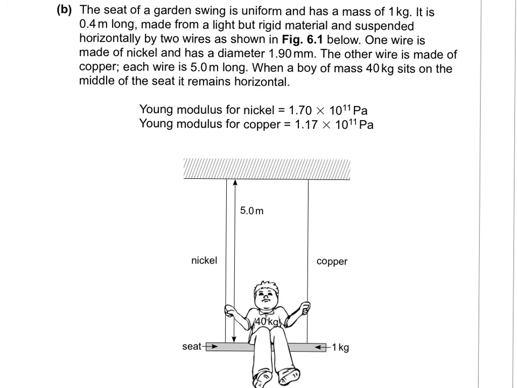Now he's in the middle, so the tensions on these two cables are going to be the same. Both cables stretch and both start out the same length, so the strains are going to be equal. The change in length over the original length for both of these is going to be the same because the extension is going to be the same and the original lengths are both the same.